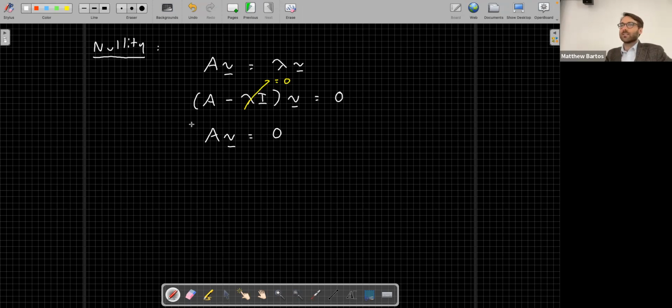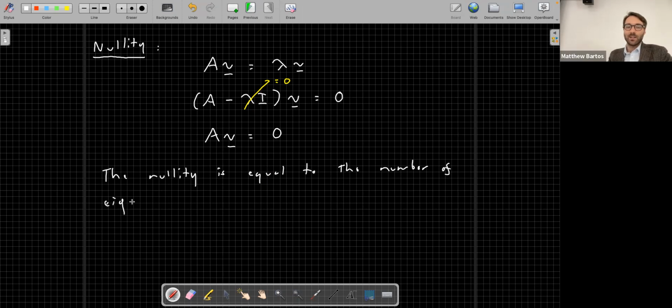That is true. So what is the nullity equal to in terms of the eigenvalues? How can we characterize the nullity of a matrix in terms of the eigenvalues? The number of zero, like, right. It's equal to the number of eigenvalues that are equal to 0.